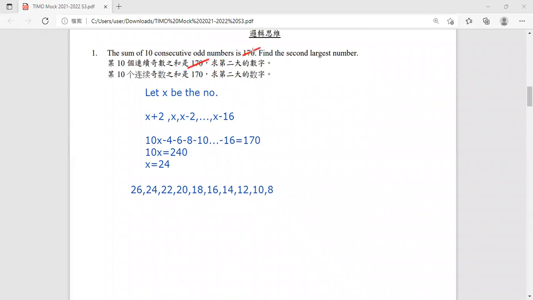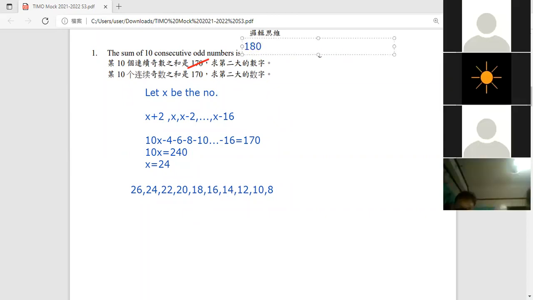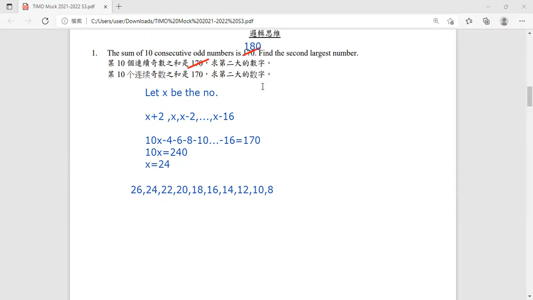So the number should be 180. Then it will be okay. Because it's consecutive odd numbers, if it's 180, then you will get a good answer. It doesn't matter.